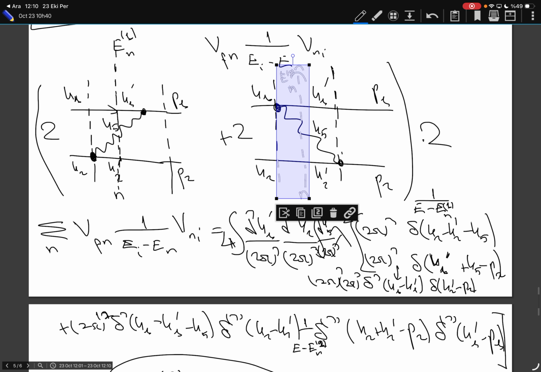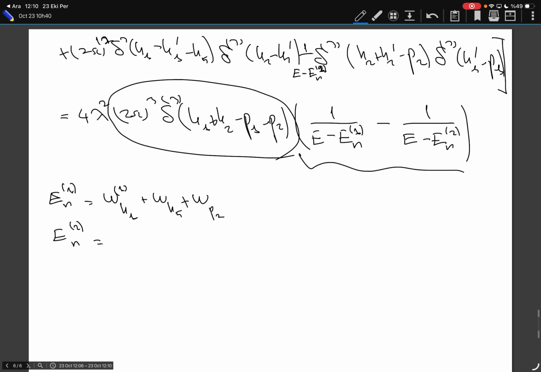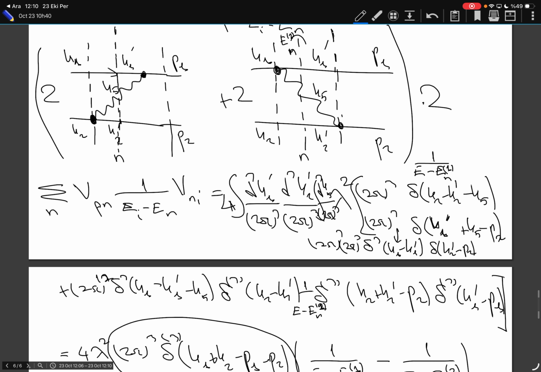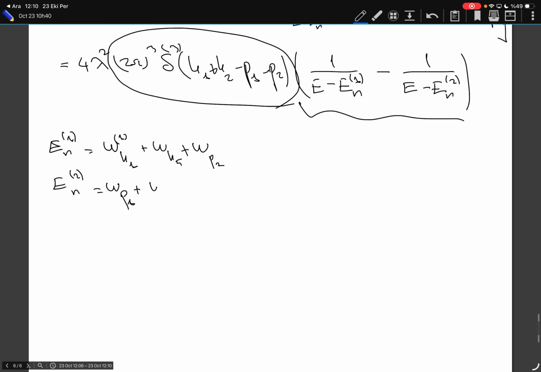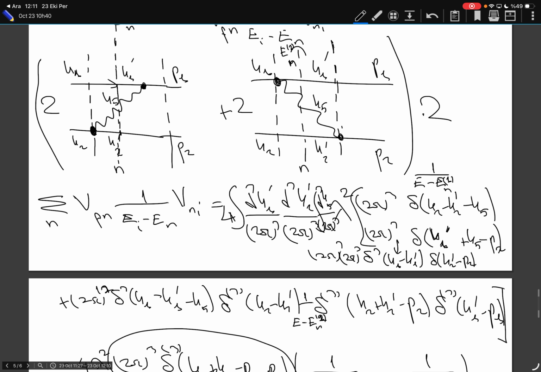At the upper line, I have a particle with momentum k1 prime, which is p1. So this is omega p1. Then I have a particle with momentum k5. And then I have another particle with momentum k2 prime, which is k2.